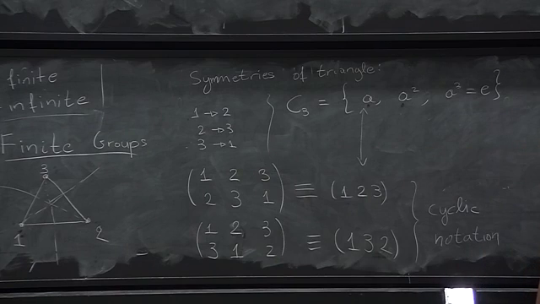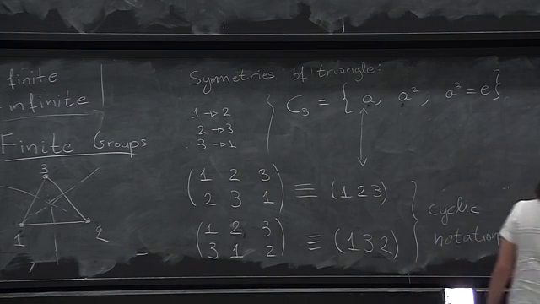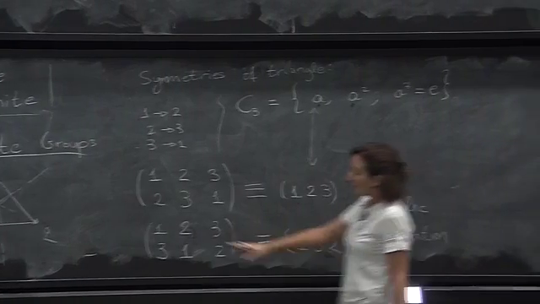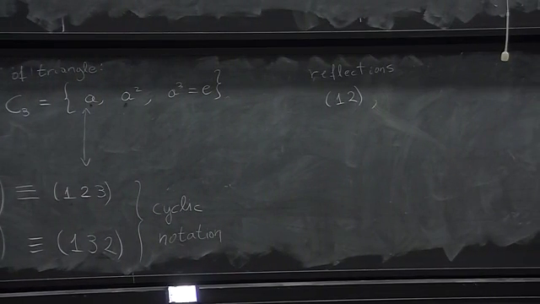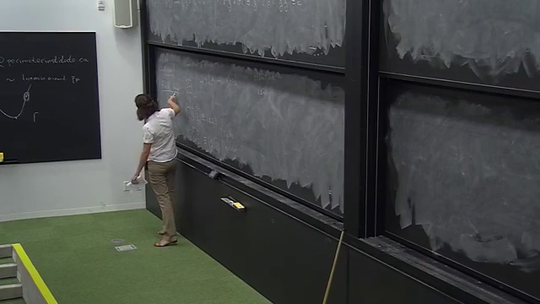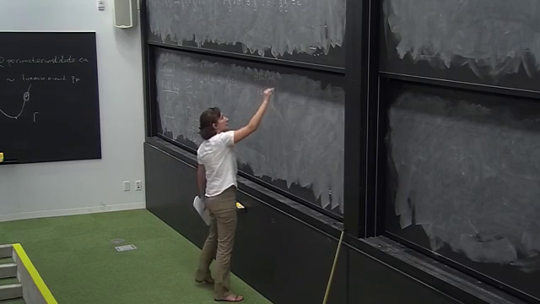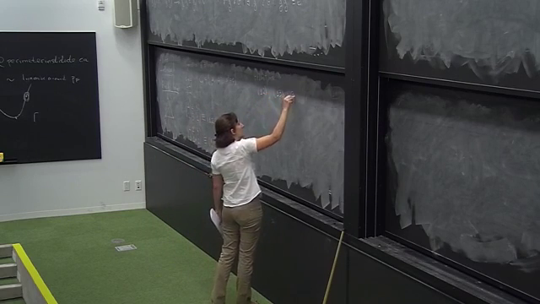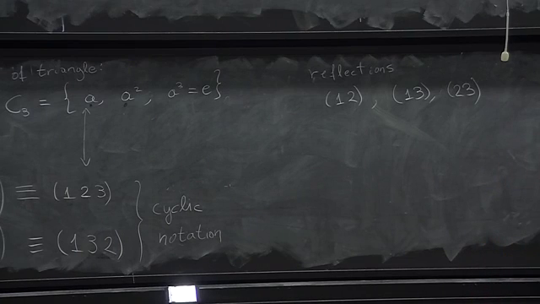I could write 3, but usually we omit it. If I take a reflection around this axis, then I exchange 1 with 3, and around this one I exchange 2 with 3. So that brings in 2 more elements, (1 3) and (2 3). Yeah?